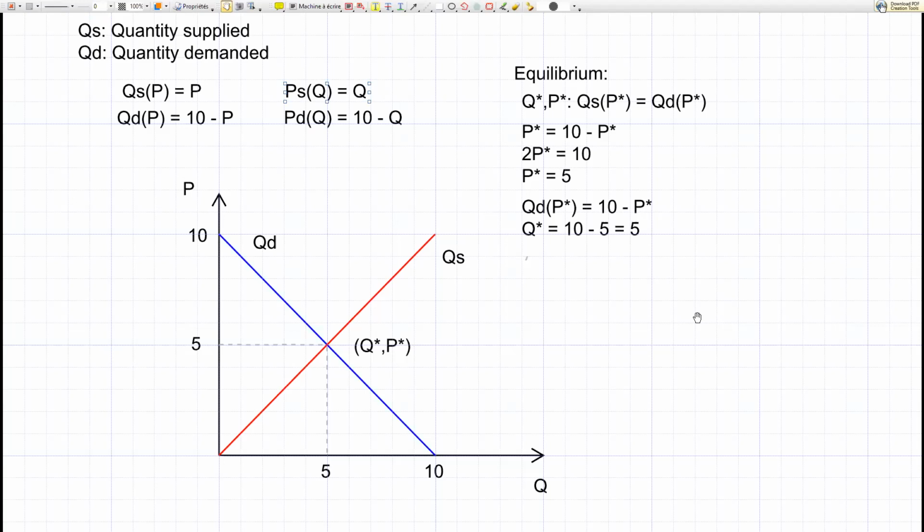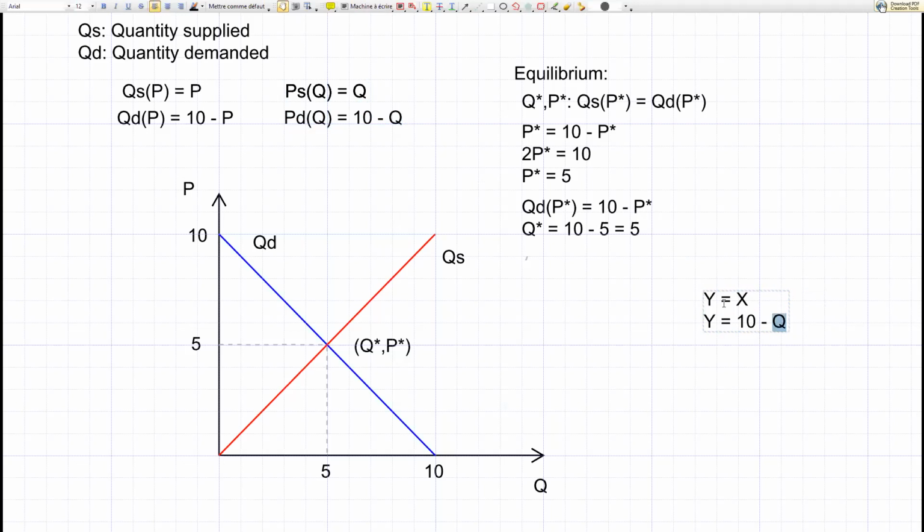X and Y are just placeholders. They don't represent anything. So it would be Y equals X. So that's the supply. And here you have Y.